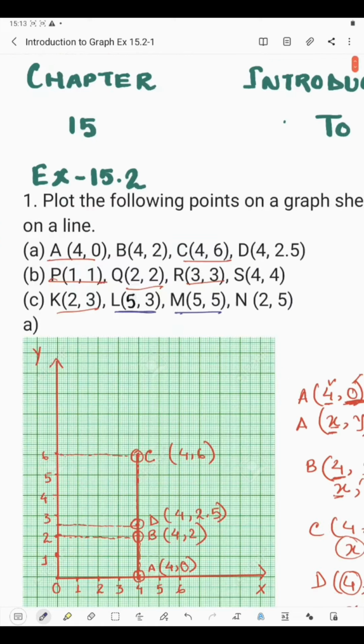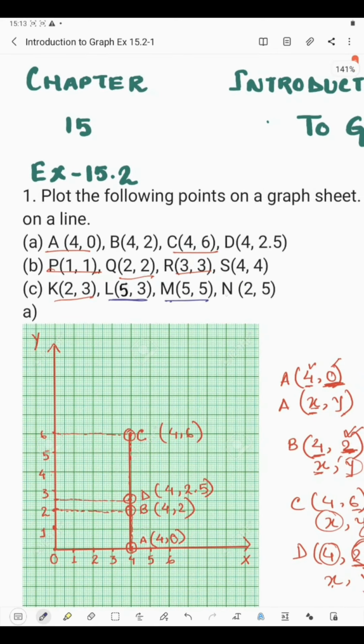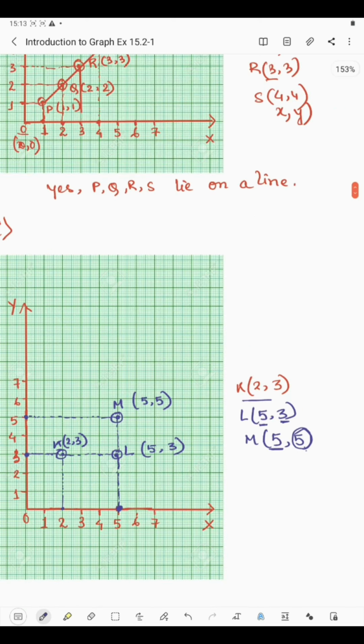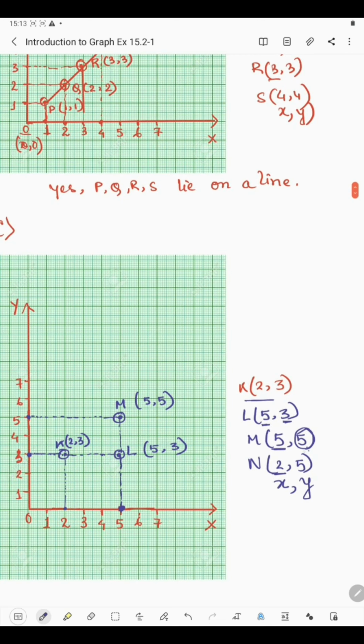Okay, next we have point N, which is 2 and 5. Coordinates of point N are 2 and 5. Now 2 and 5 means value of x is 2 and value of y is 5. Now value of x is 2, so where is 2? 1 2 here.